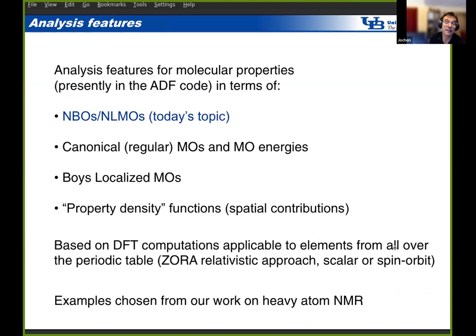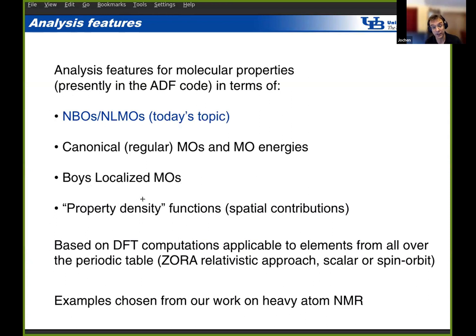So as I said, today's topic is the analysis in terms of the orbitals produced by the NBO program. You can also perform analysis, of course, with canonical MOs. There are other localization methods one can use, such as Boys, Pipek-Mezey, Edmiston-Ruedenberg, and so forth. That's available to some degree in the code.